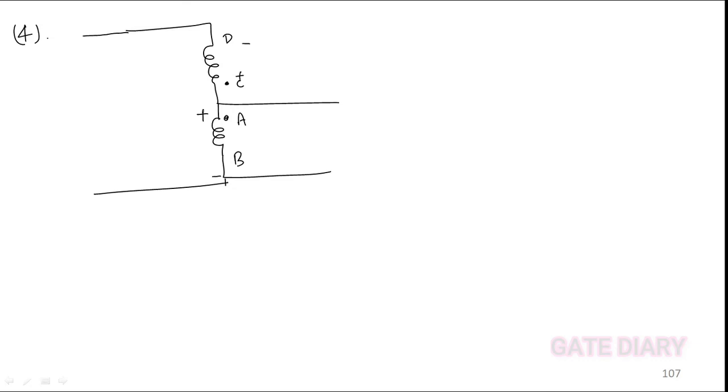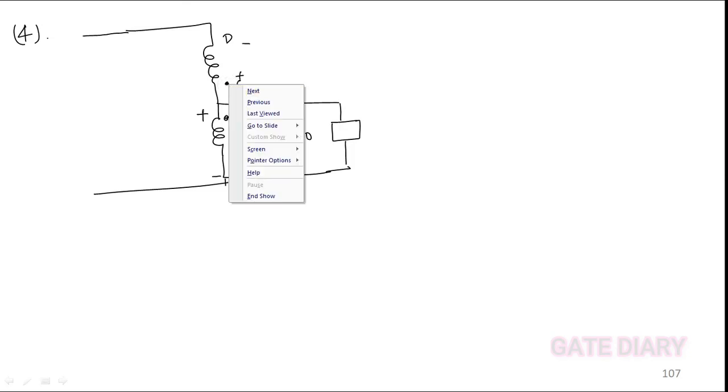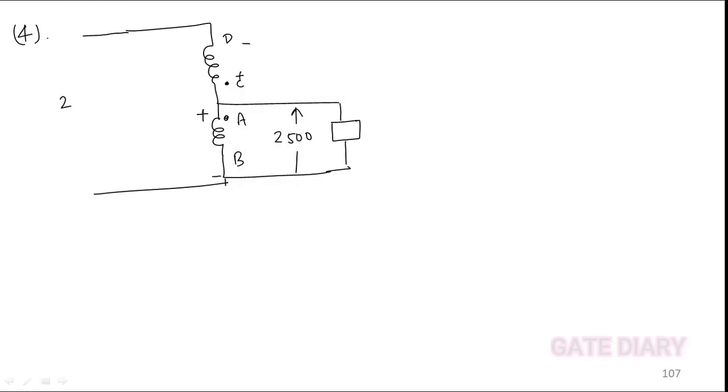If you are connecting the load here, across AB the voltage is 2500. And this is CD.